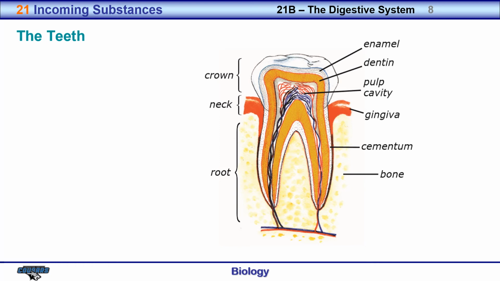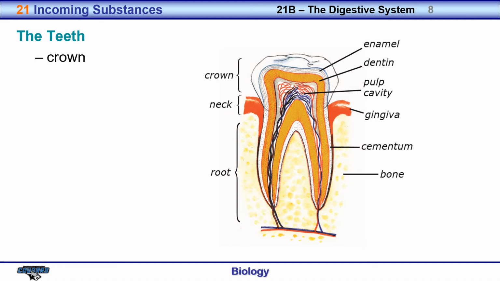Some do, and quite often if they come out, they come out sometimes crooked, and these are often the ones that, if you need to have braces, they'll often remove to make more room for your teeth.